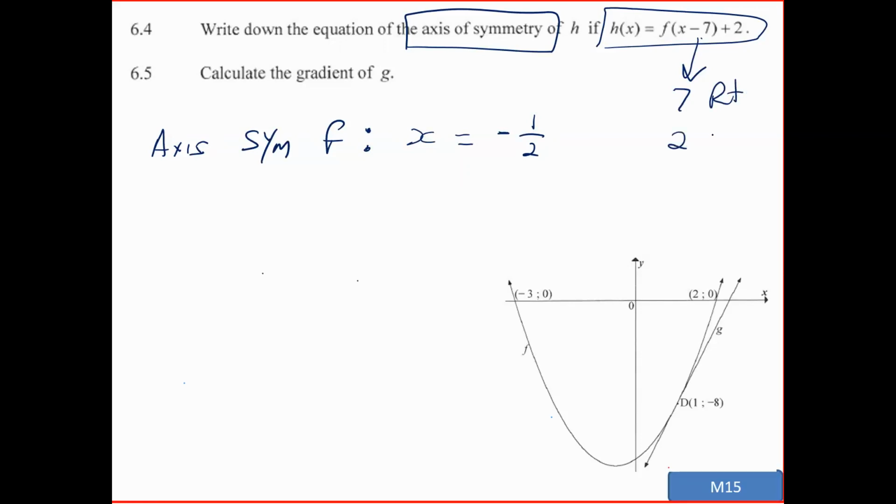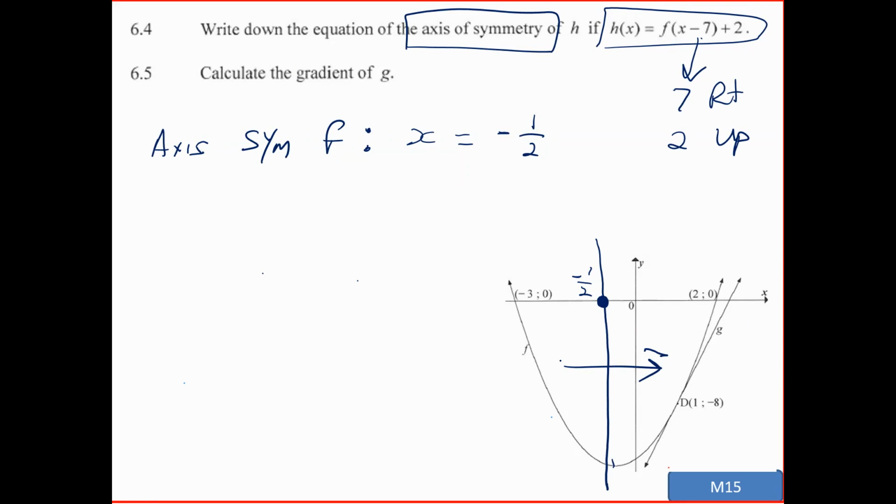And moving 2 units up. So if we move right, it affects the axis of symmetry. Remember, the axis of symmetry is we're putting on this x value here, which is minus half. So if we move right, it affects it. If we move up, it doesn't affect the axis of symmetry.